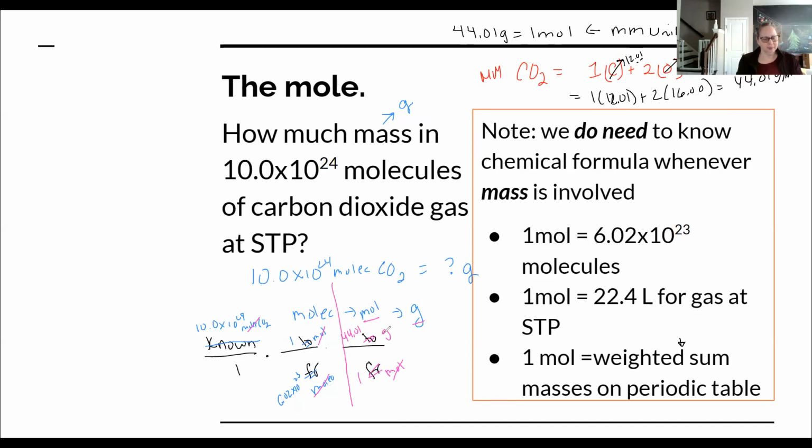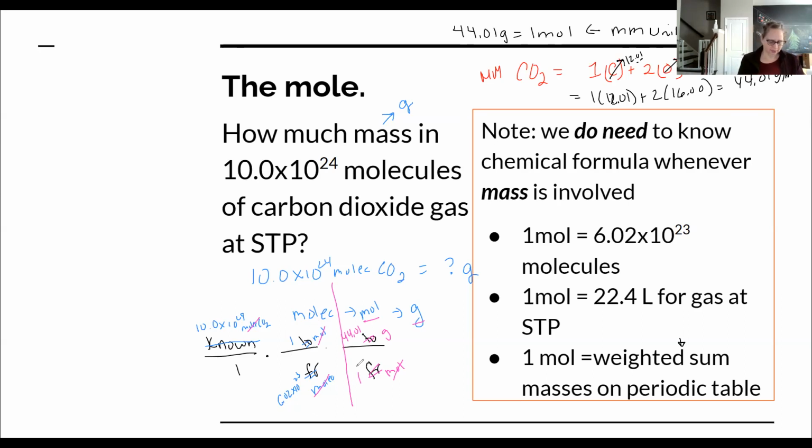Okay. If we stopped at this point, before we added in the molar mass, we'd have 16.6 moles, same as before, because at this point it does not matter what the gas is. It does not matter what the molecule is, as long as it's molecules, 10.0 times 10 to the 24th molecules of a covalent substance is always going to be equal to 16.6 moles of that substance.